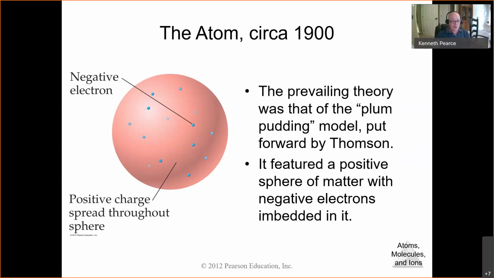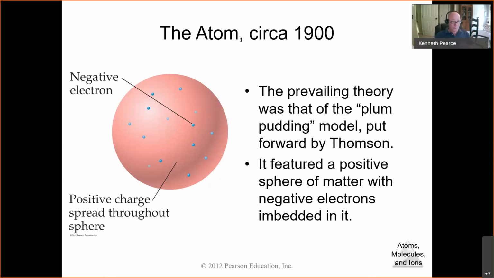So if you have a negative part, you better have a positive part to match up with reality. The negative parts, I already know those are particles, but they didn't know what the positive part was yet. And he says, it's just kind of like a goo. It's a goo of positive charge matter with these negative electrons embedded into it.